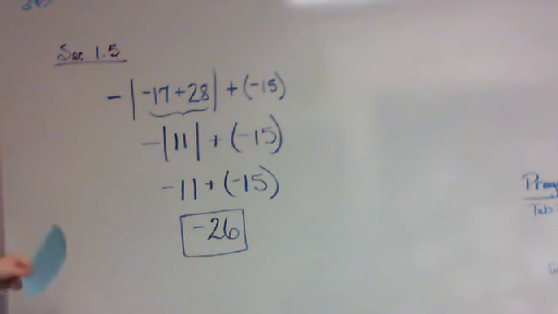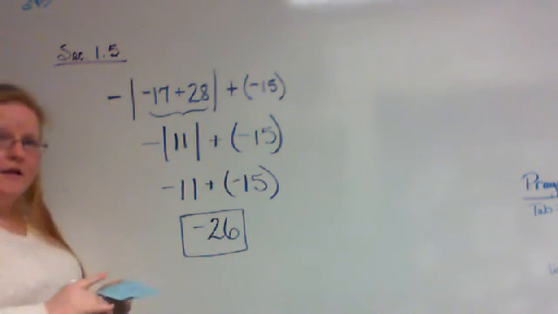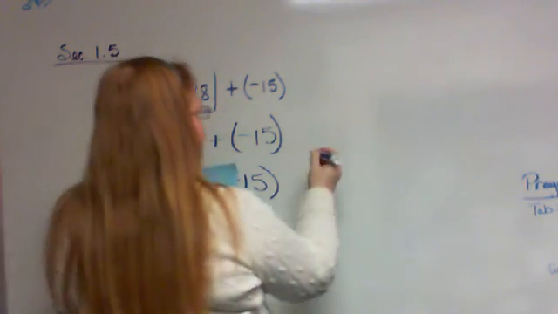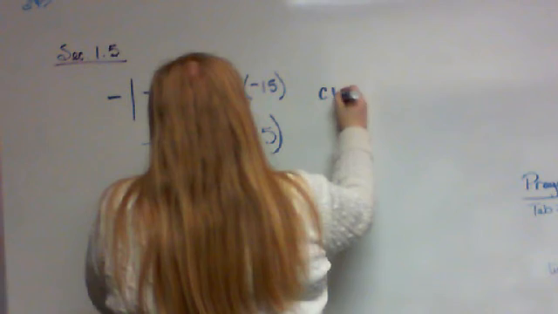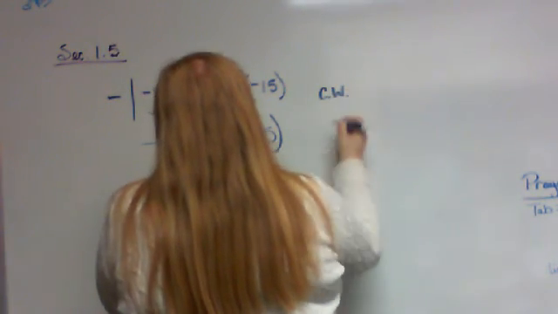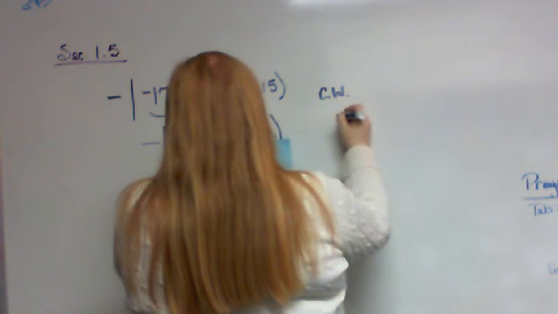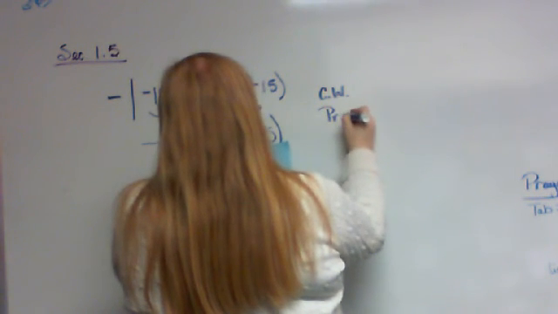Okay, so this is about as difficult as it's going to get in your book. So I'm ready to go ahead and tell you what your classwork is for today. Make sure when you're done with your classwork that you take it to your mom so that your mom can check it. It is the practice exercises this time.